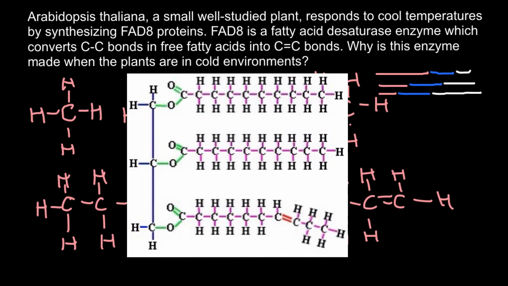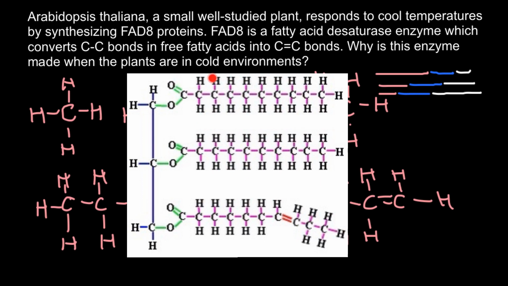And more than that, we also may find that in some plants this balance can change due to, for example, weather factors. In autumn or early in the spring, where it is cold, as you see, this enzyme FAD8 would add double bonds between carbons and may convert saturated fatty acids into unsaturated fatty acids.